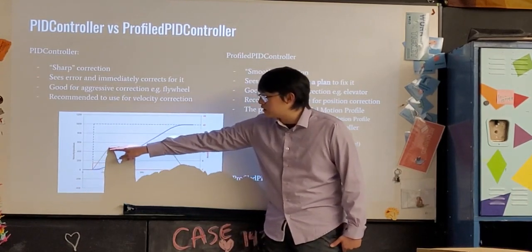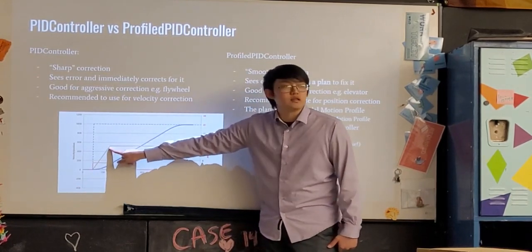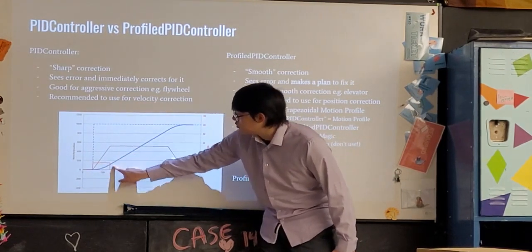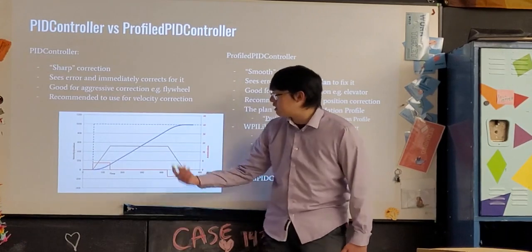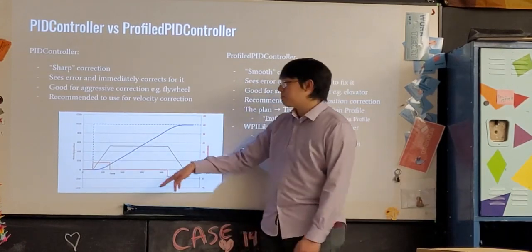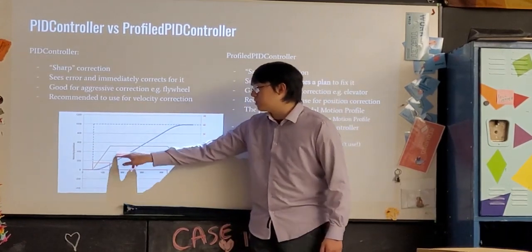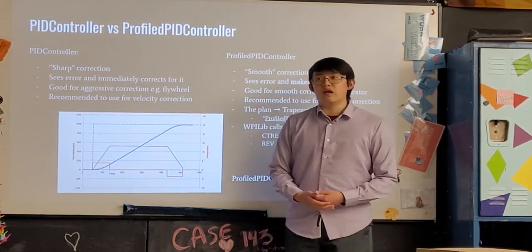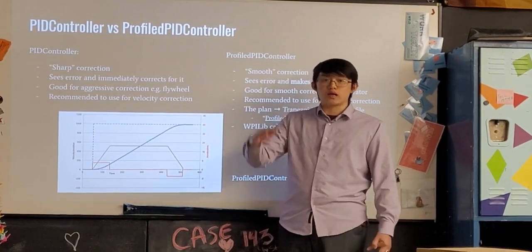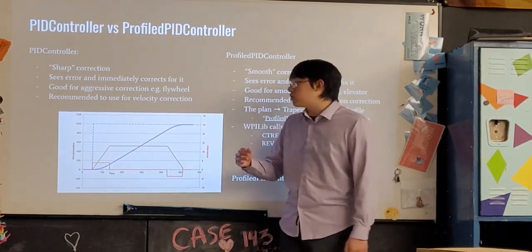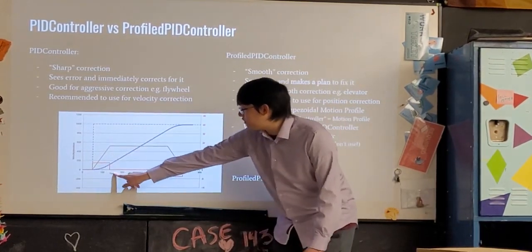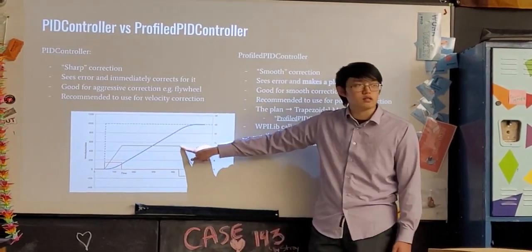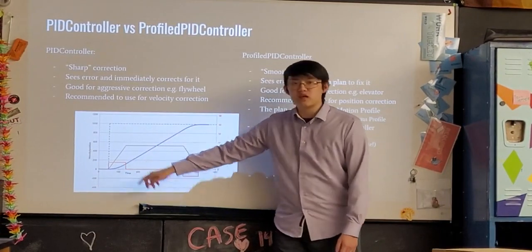So what this trapezoid is basically saying is increase the velocity from 0 to 150 milliseconds. So let's make the elevator start going up, start accelerating upwards. From 150 milliseconds to 450 milliseconds, keep the velocity constant.